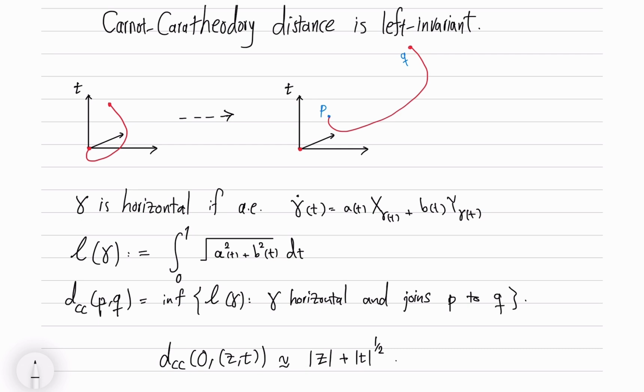So the idea is represented in this picture here. Suppose you have points P and Q and you want to find some horizontal curve that connects them. What you do here is you look at the point P inverse times Q, now that we have a multiplication in the group.